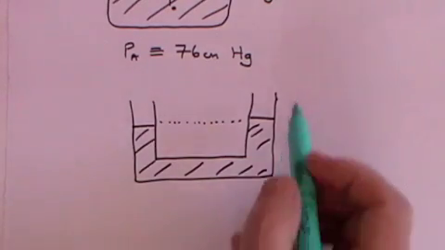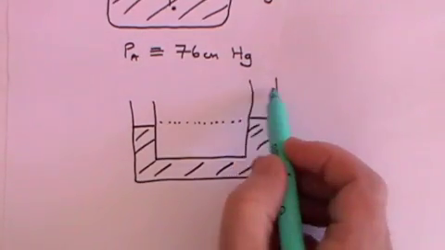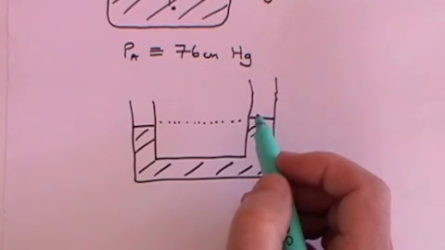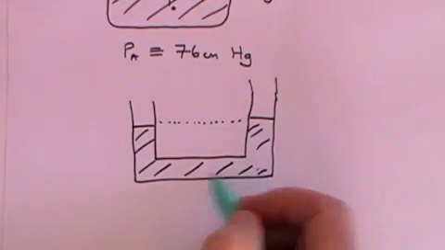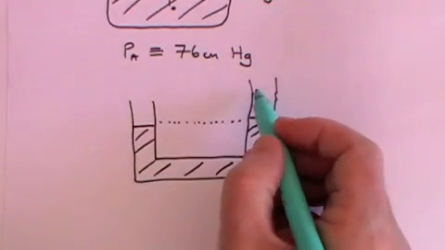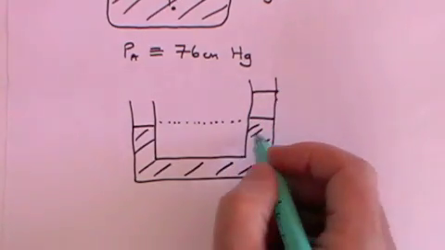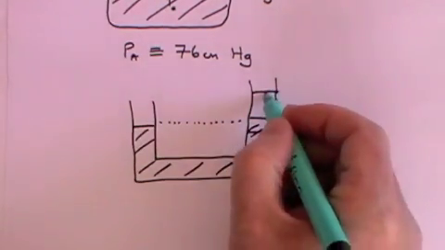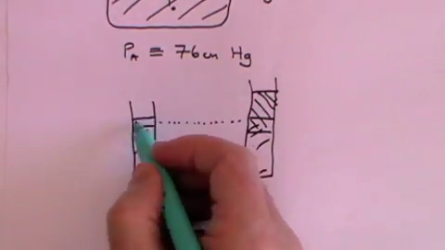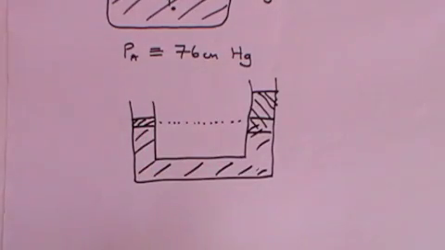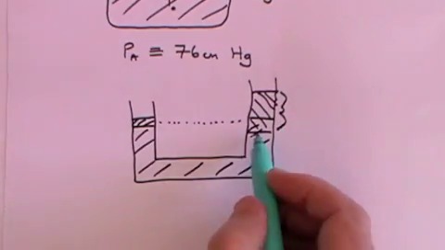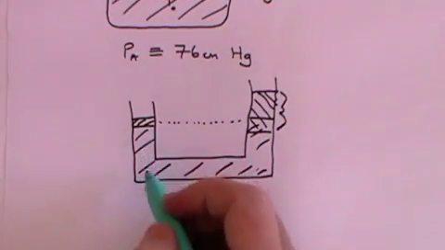Now we introduce a new liquid into this section here. It has to be a liquid that has a lower density than the fluid that we've got here. Let's say it's oil. And what will happen is the oil will sit on the surface, but it will bear down on the water, pushing it down and thus pushing it up on that side. And so you now have some oil here, and the rest of this is water.